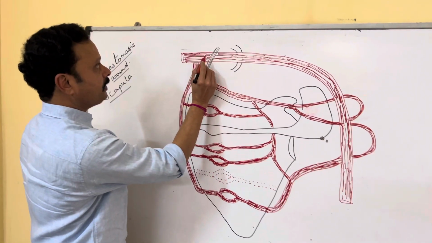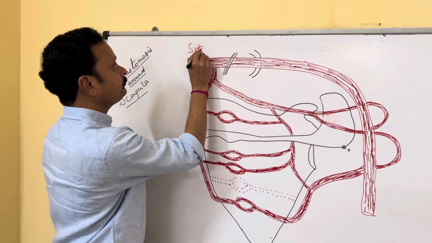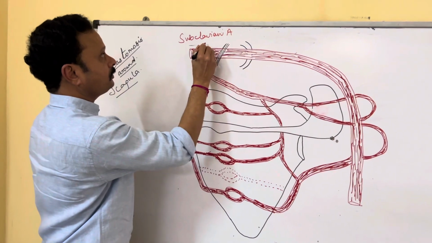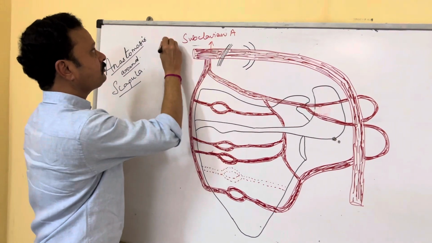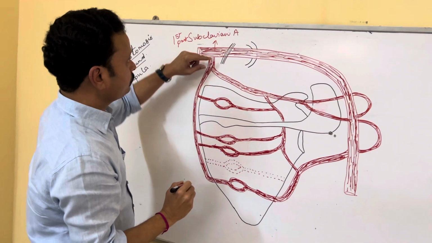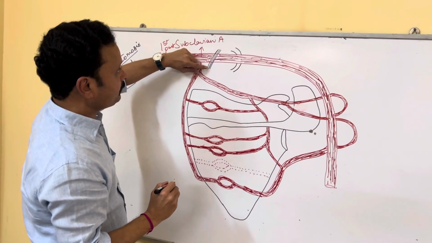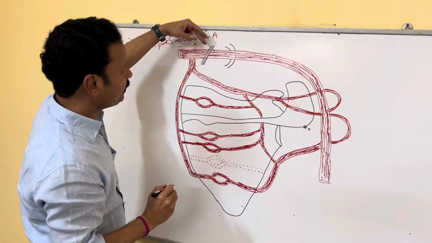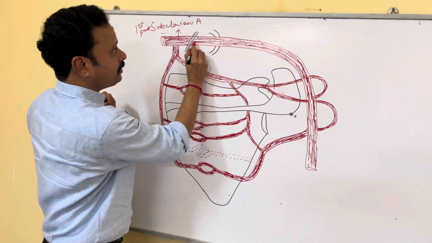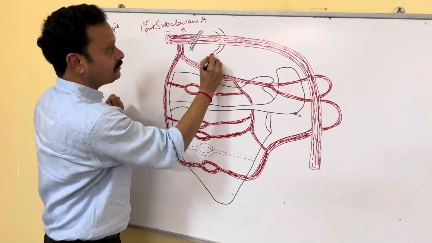This is the subclavian artery. That is the first part of the subclavian artery. This is the scalenus anterior muscle. That means the artery behind it is the second part, and this one is the third part of the axillary artery. This is the rib.